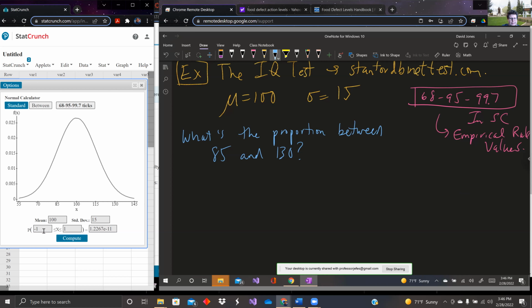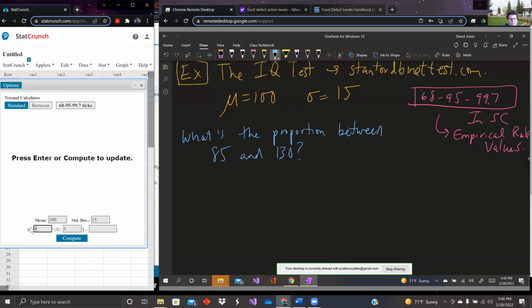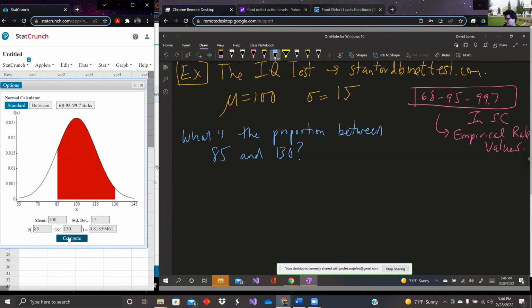We want to do between 85 and 130. (0.8185941) or 81.8%.